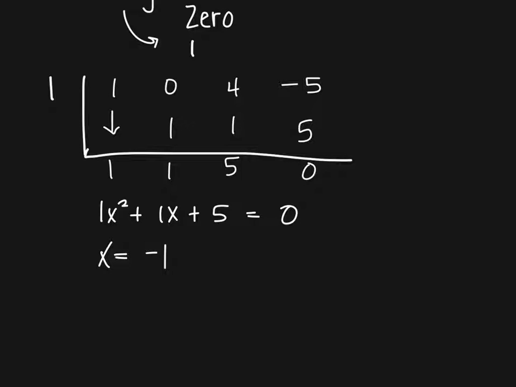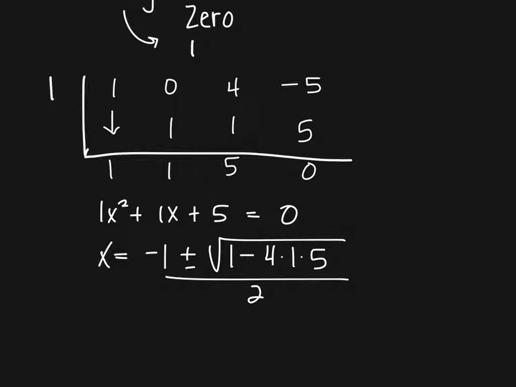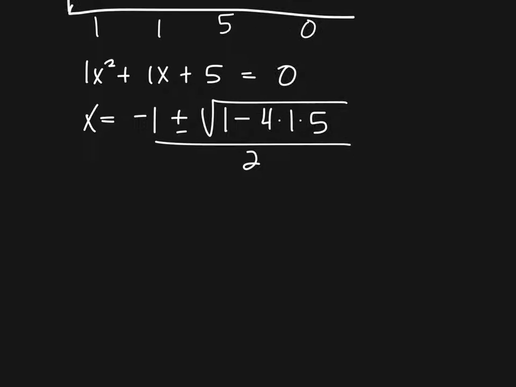So negative 1 plus or minus the square root of 1 minus 4 times 1 times 5 all over 2. I'd be pleasantly surprised, but I'd be very surprised if anybody actually had gotten this one right on the first try on their homework. Because you end up with negative 19. So what do I do with that negative 19?